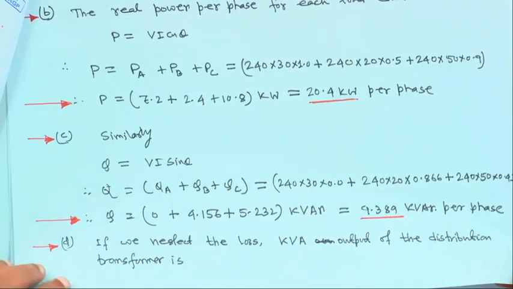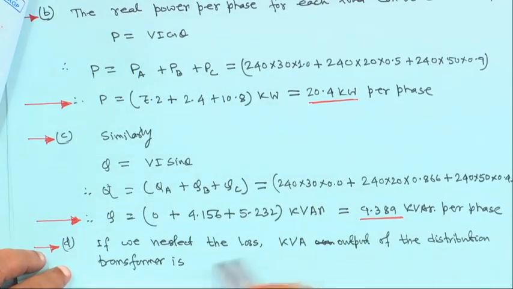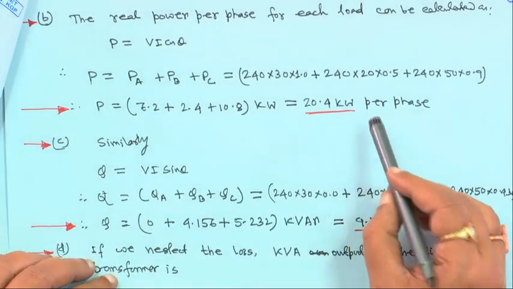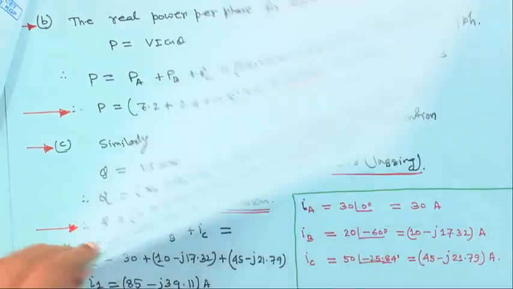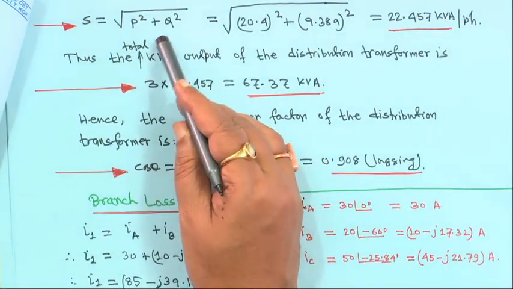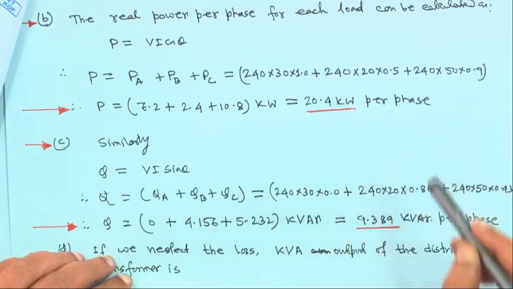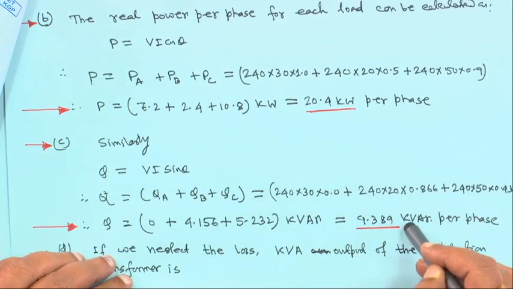Now, if you neglect the loss, suppose no loss is there, the kVA output of the distribution transformer: this is my P and this is my Q, right. Therefore, S is equal to root over P square plus Q square. P is 20.4 and Q is 9.3.